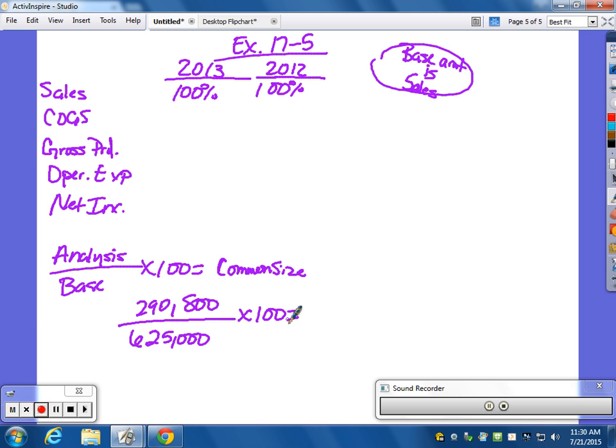So what's the common size percent for cost of goods sold 2012? 46.5%.